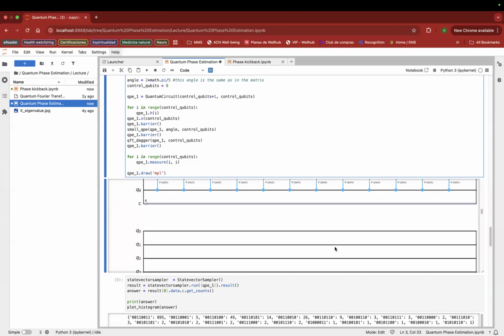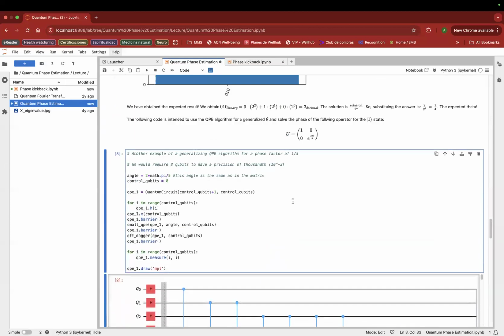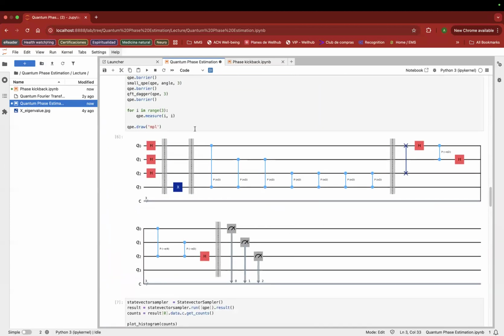What I really want to show you is how huge it is, right? This is not such a big circuit, right?